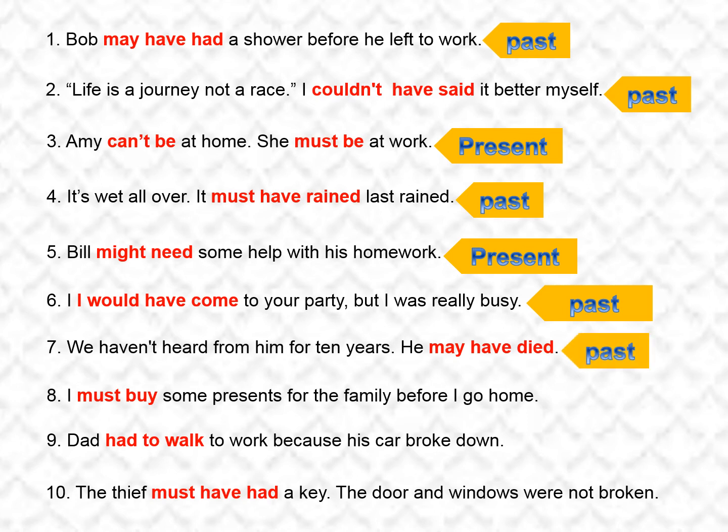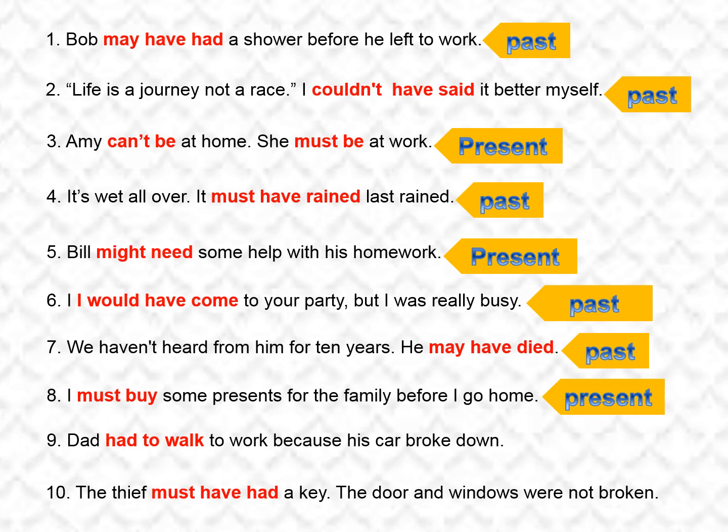Number 8, I must buy some presents for the family before I go home. What is it? Obligation. So must here is used for obligation and in the present. Number 9, Dad had to walk to work because his car broke down. We know that had to is the past of have to.